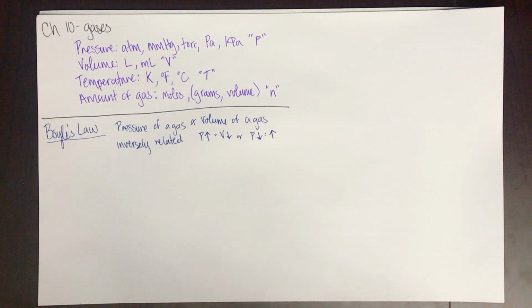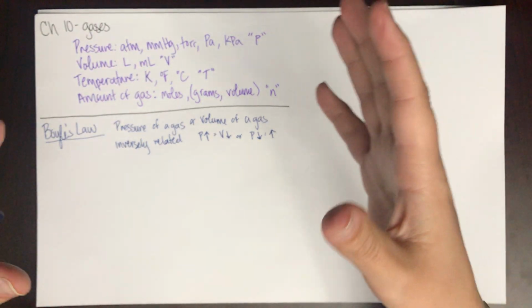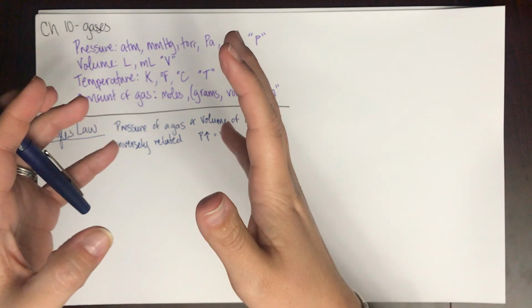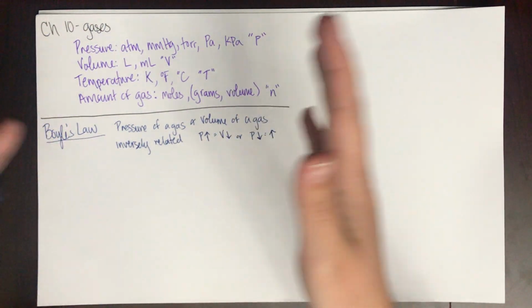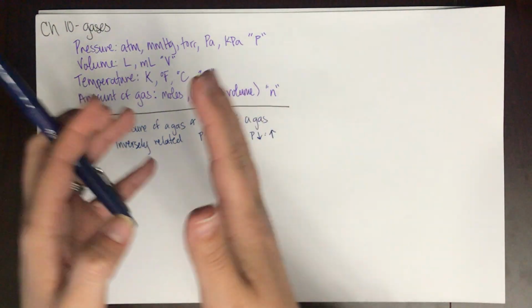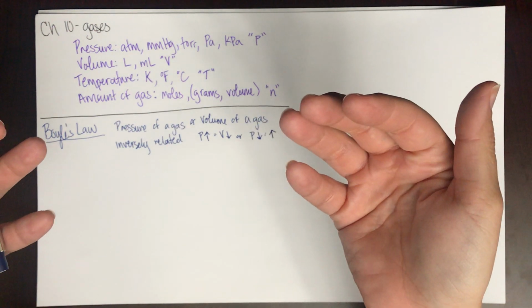A lot of times when we're talking about gases, it's helpful to think of a real example. Think of a balloon. If you have a balloon at a certain pressure and volume and you squeeze that balloon, what you've done is you've decreased the volume, the size of that balloon, and that increases the pressure.